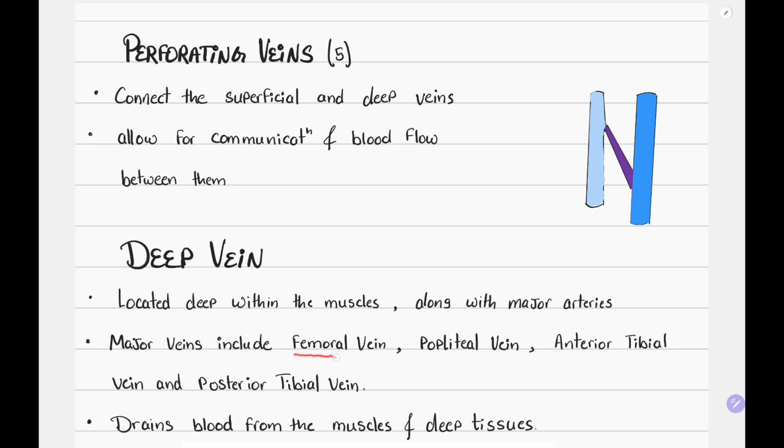The femoral vein, starting from the external iliac vein, continues to become the popliteal vein, and the popliteal vein then continues to give its branches, the anterior tibial vein and the posterior tibial vein. The deep veins drain the blood from the muscles and the deep tissues.